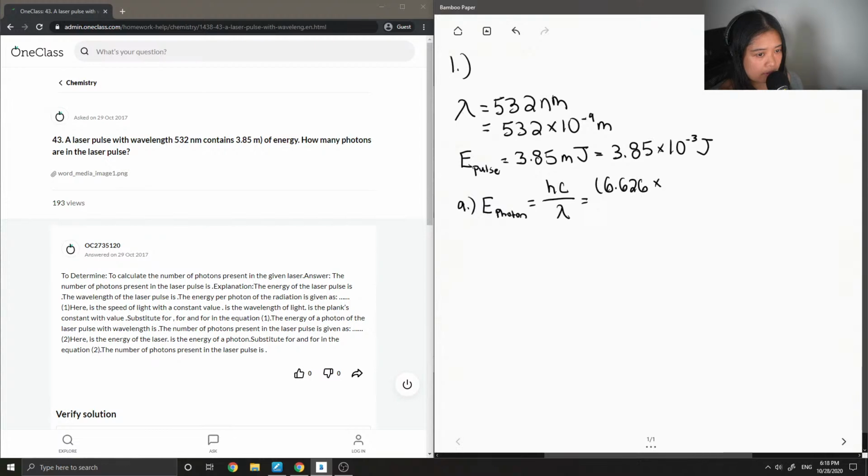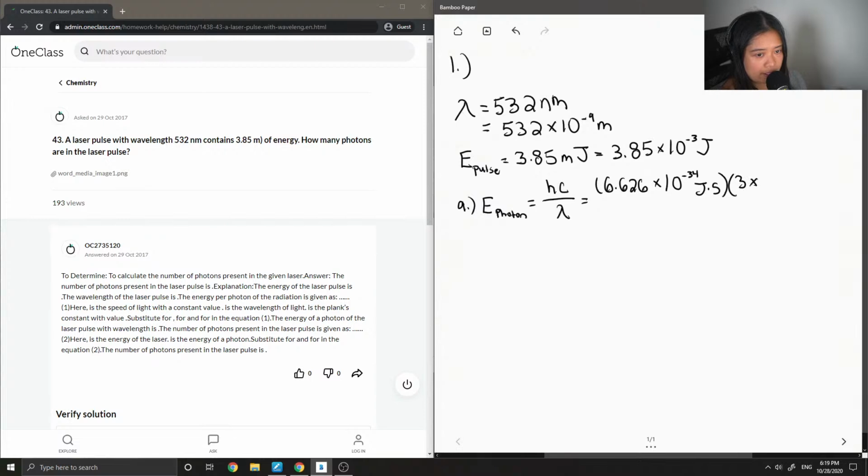6.626 times 10 to the negative 34, and its units are joules times seconds. This is why I converted everything to joules, so that we can use constants like this. Same goes for the speed of light, which is our next variable c.